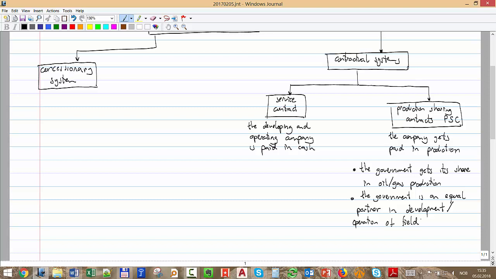If they feel strongly that something shouldn't be done in a certain way, the enhanced recovery strategy, the platform concept, maybe they want the company to exploit the regional system when they have, for example, a very strong concrete industry. So they say, let's go for this platform which is concrete based and not anything else. So they really have power to control how the asset is going to be developed.